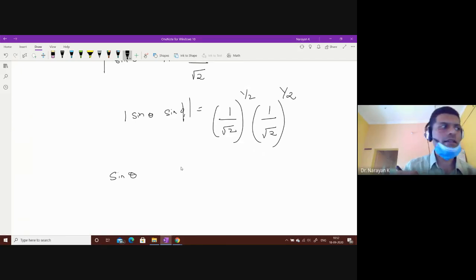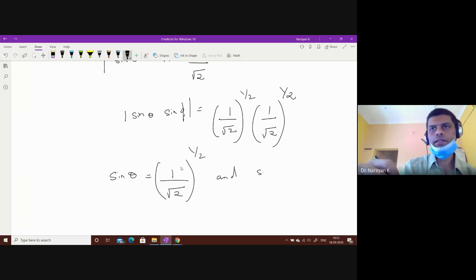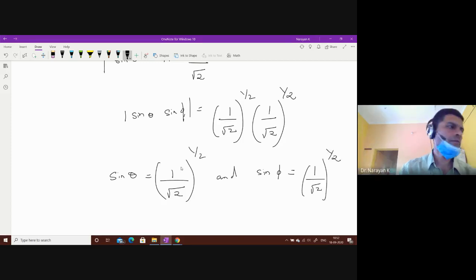Sin theta I can write, it is approximately equal to 1 upon root 2 raised to the power half, and sin phi is equal to 1 upon root 2 raised to the power half.